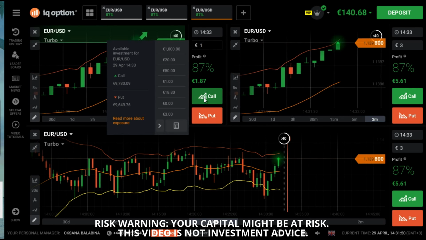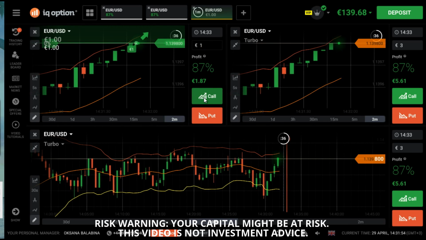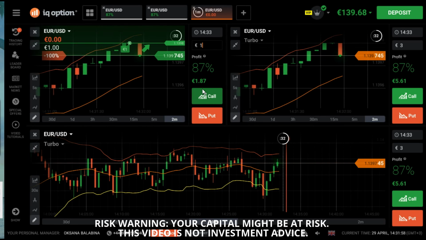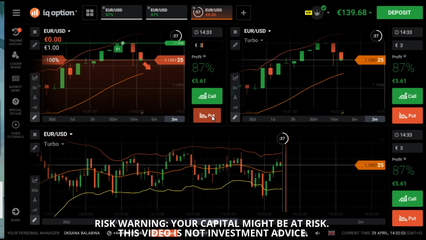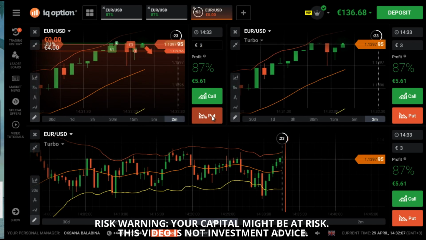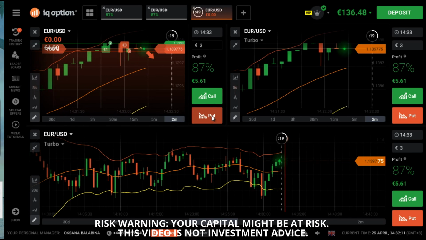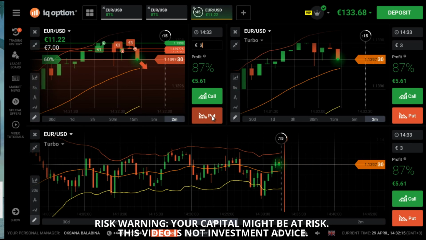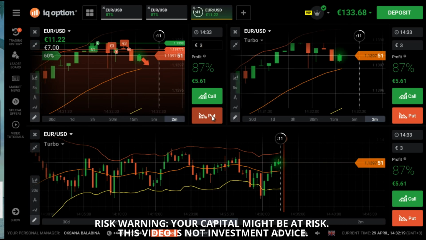I'm just checking with the 1 euro how long it's gonna keep going up. But now I confirmed it's reversed. So now go back to 3 euros. Go for the reversal now. Sometimes I do like that.